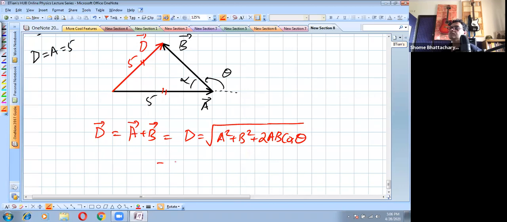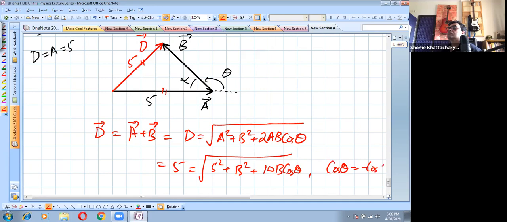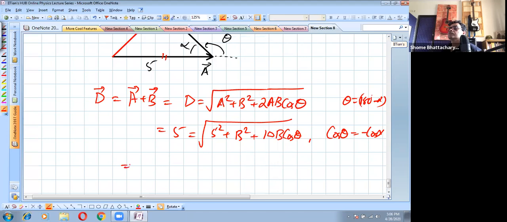So substitute here: D's magnitude is 5, A's magnitude is 5, B's magnitude is the unknown quantity. So it is 10B cos theta. And you can see that cos theta here is minus cos alpha, because theta is 180 minus alpha. So I can substitute this as minus cos alpha. So I have the equation 5 is equal to square root of 25 plus B square minus 10B cos alpha.